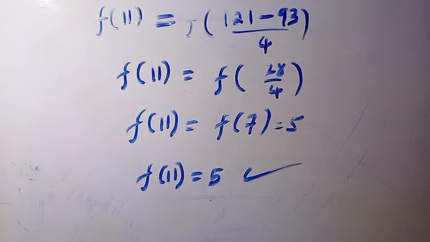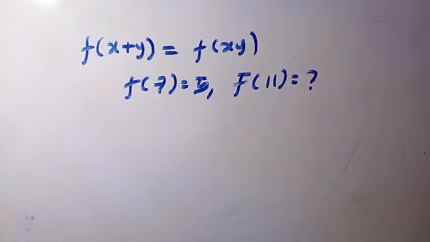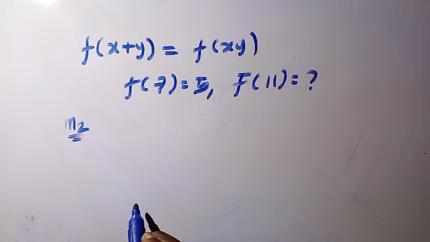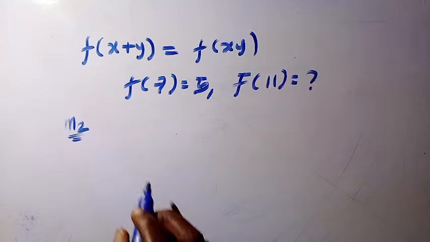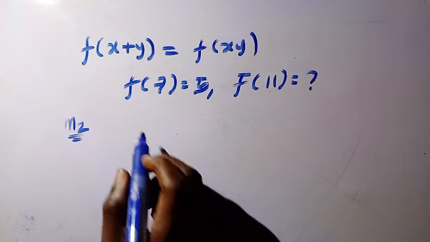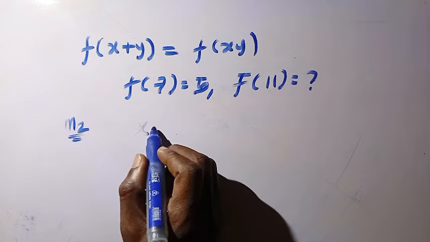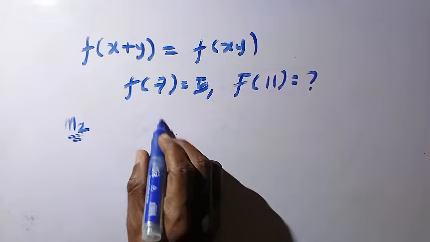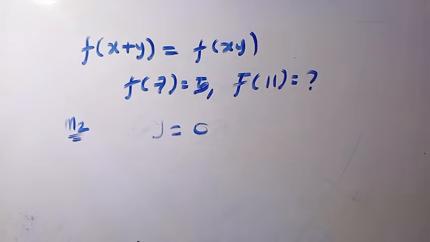And let's consider the second method of solving this. Let's consider this as method 2. Since we have f of x plus y equals f of xy, suppose I want to find f of x, and I let y equals 0.